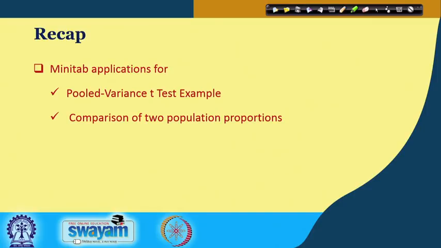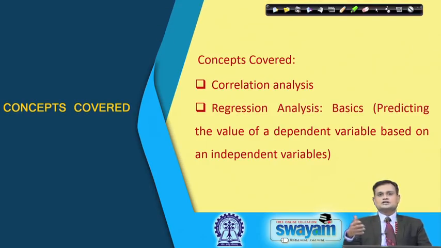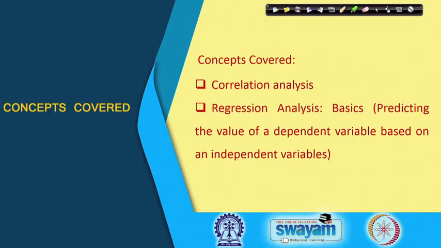As a small recap, we had the Minitab application, quite useful for both university students and practicing managers, and we demonstrated it for two cases: the pooled variance t-test and the comparison of two population proportions. This lecture will focus on correlation analysis and regression analysis, some basics about predicting the value of a dependent variable based on an independent variable.